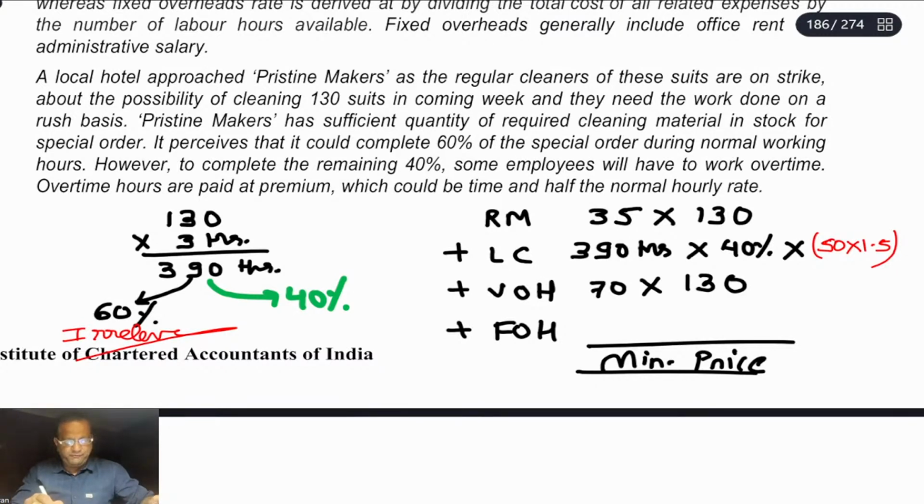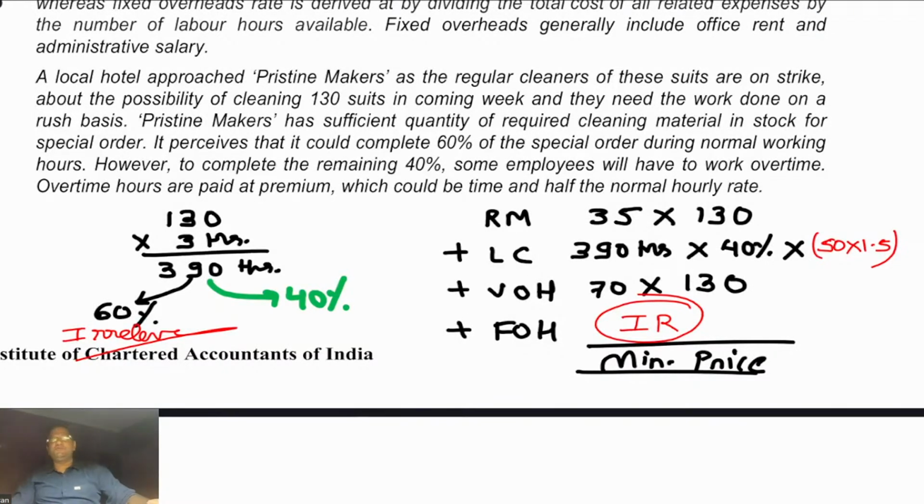The same point we will continue here, unless and otherwise the fixed overhead is given in totality. Okay, and that totality is changing due to acceptance of this special order from a local hotel, then only fixed overhead will be a relevant cost. Okay, any doubt beta in the first calculation?